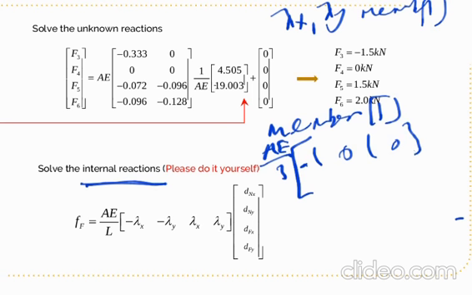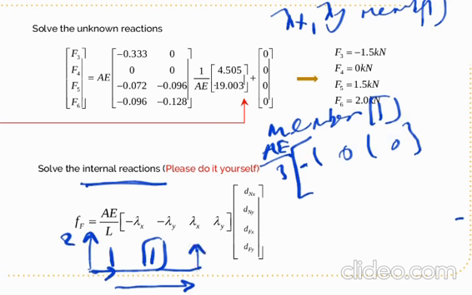For displacement, we have, as I remember, this is member number 1, and our directions look like this. This is number 2, this is number 1, and this is number 3, and this is number 4.